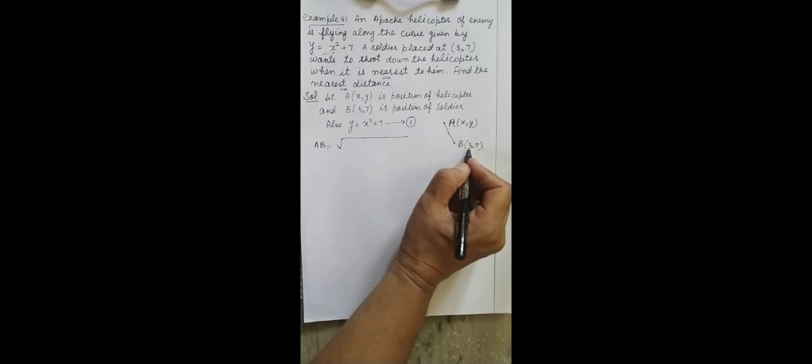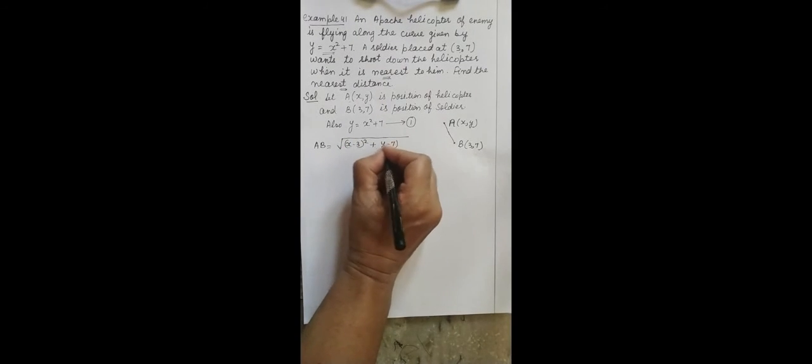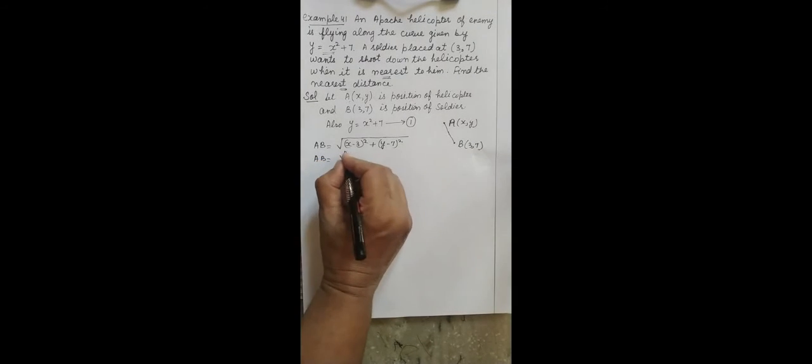The distance formula for joining two points in coordinate geometry is the square root of x2 minus x1 whole square plus y2 minus y1 whole square. So it is x minus 3 whole square plus y minus 7 whole square. Since it involves two variables, I will put the value of y here. So it will be x minus 3 whole square, plus the value of y from expression 1.